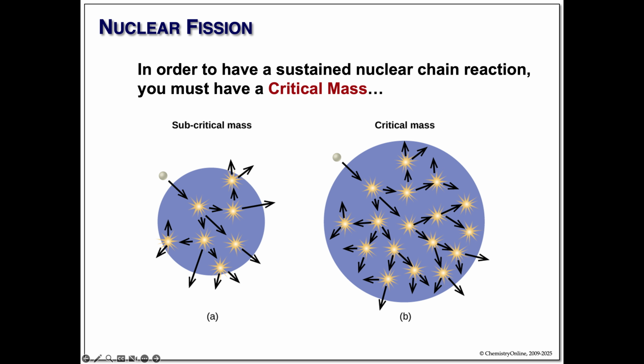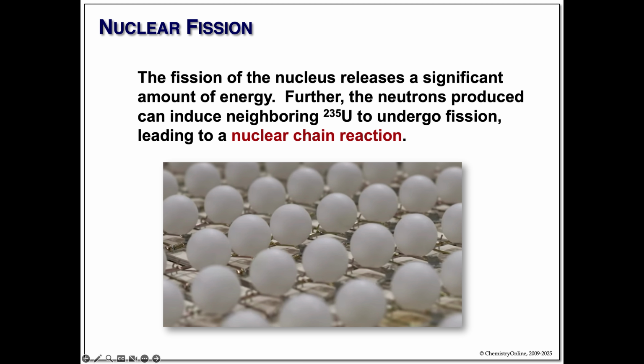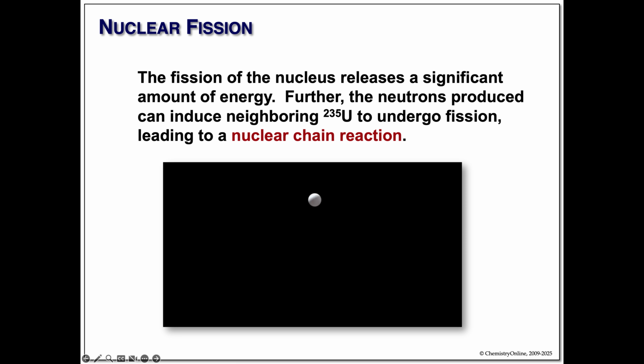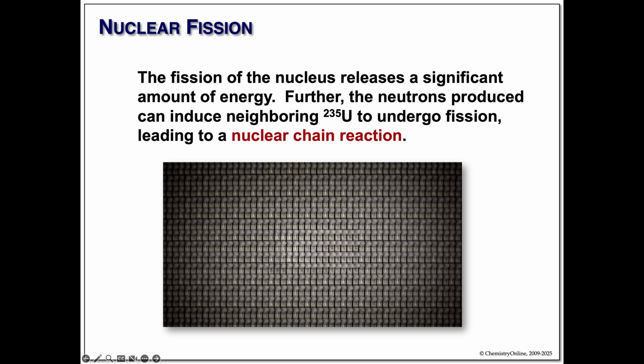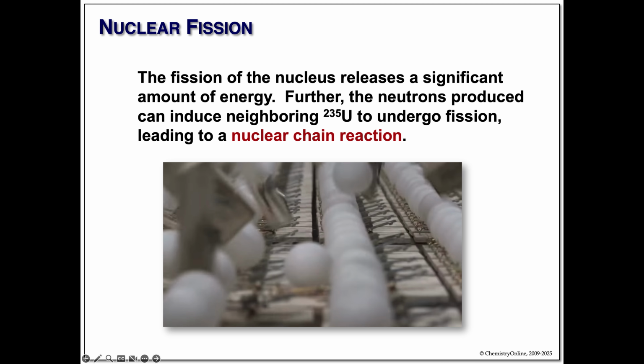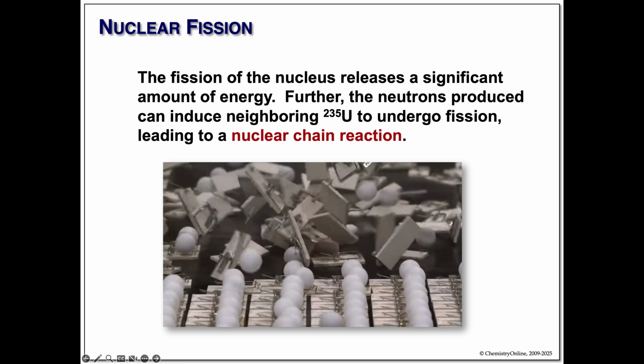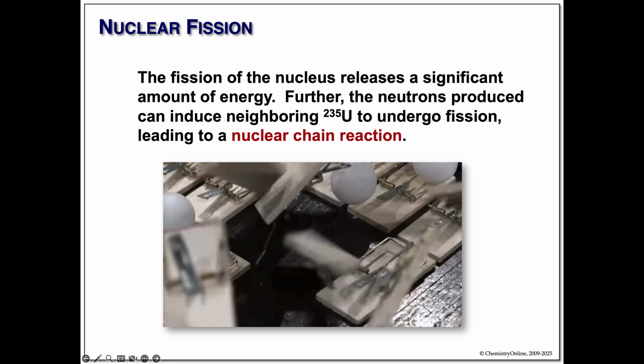Again, ping pong balls. This shows a steady array of these guys represents a critical mass. We drop in another ping pong ball, and we get a nice chain reaction.